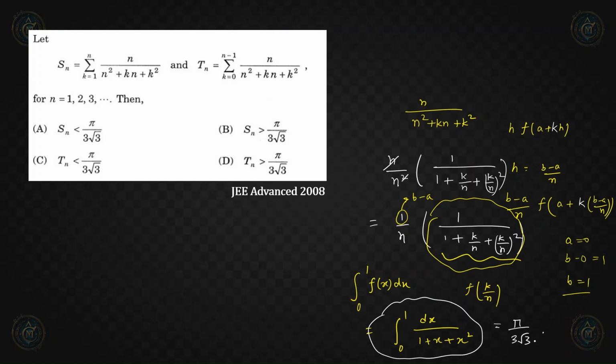But now we have to compare the Sn and Tn with this integral value, right? So how do we compare? We discussed this sum and this sum, they both are the Riemann sums for this integral. So this Sn is the right Riemann sum of this integral and this Tn is the left Riemann sum of this integral. Now how do we compare them?